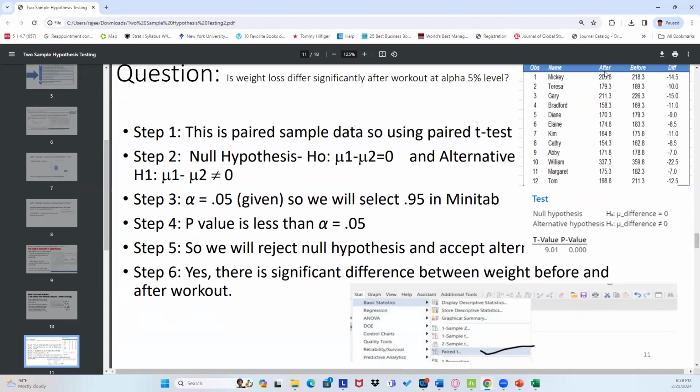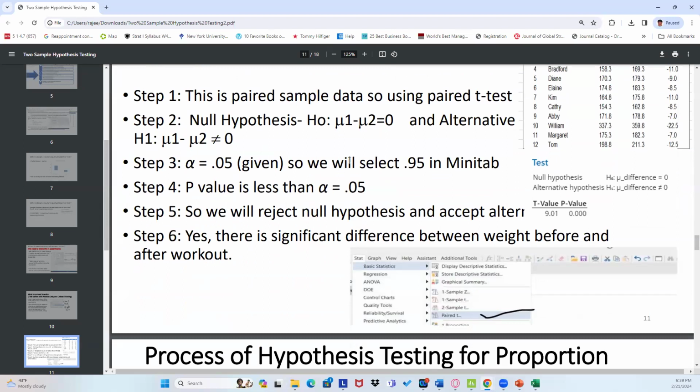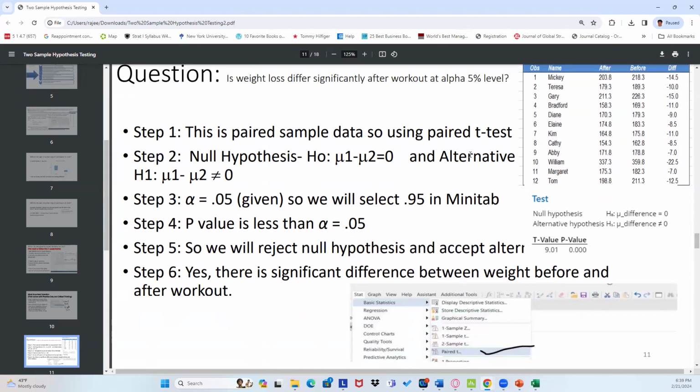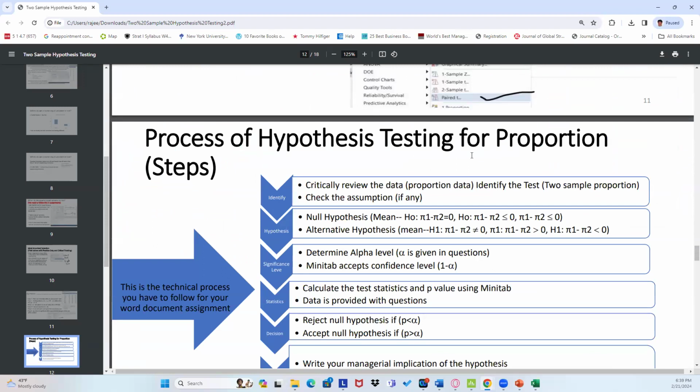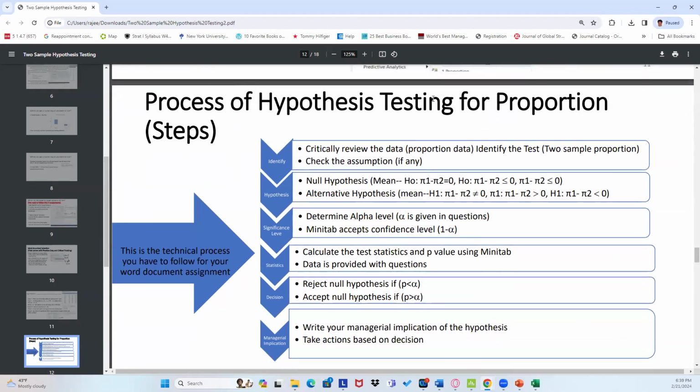So this is a paired t-test. The process is the same, but you have to use a different equation, a different formula. And exactly the same process for proportion: null hypothesis proportion 1 minus proportion 2 equal to 0, and so on.